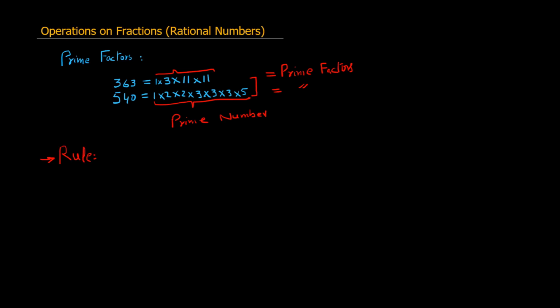So here is the rule which you should always keep in mind when finding these prime factors: there is only one unique set of prime factors. So prime factors provide you the unique solution of factorization of any number.